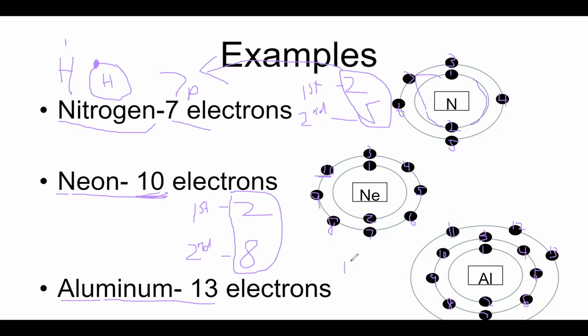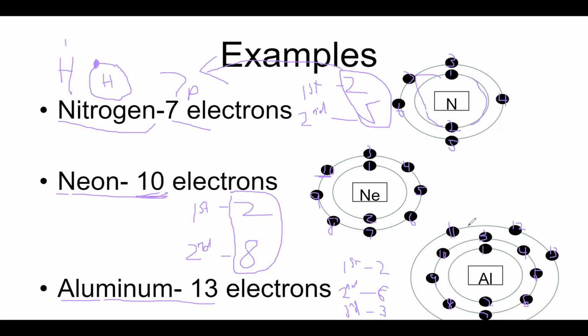So how many are on each shell? Our first shell has 2, just like it always does. Our second shell got all full of electrons, which means it stopped at 8. That's kind of its max, its cap. And then all the leftover electrons ended up on the 3rd shell.